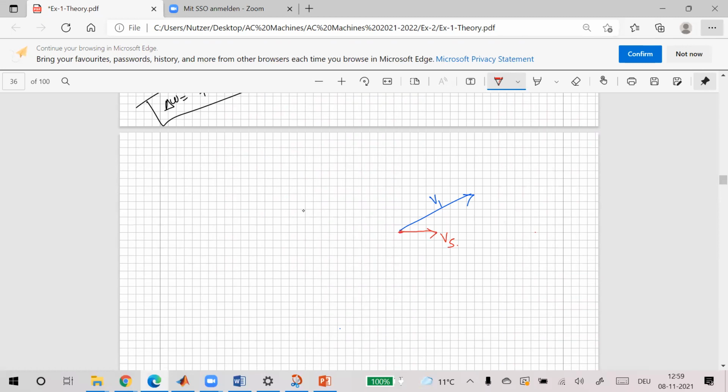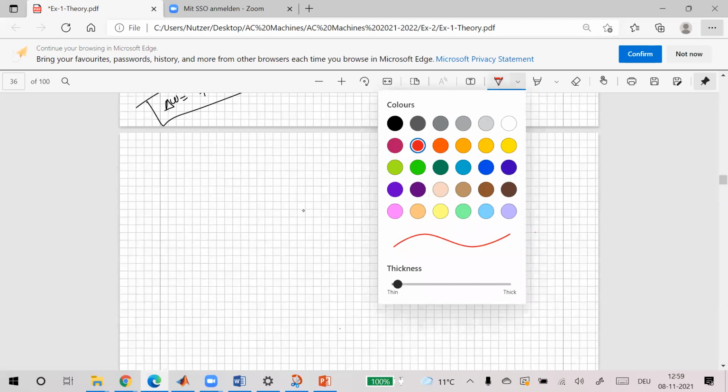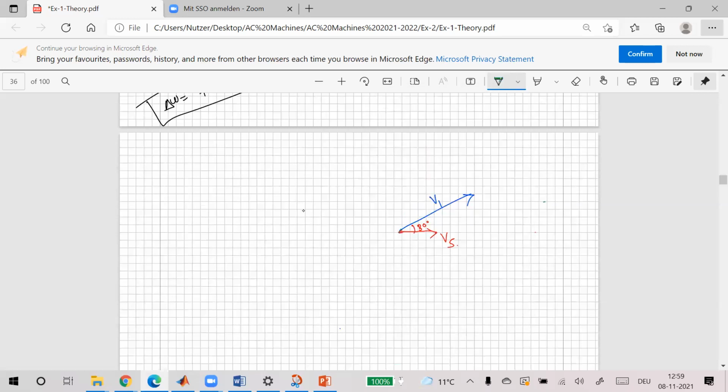Again, if the magnitude is the same, let's say this is your 30 degrees, then at some time your V7 will also have the same angle difference, right? If you see in the time domain, it will have again the same angle, because it's the angle difference equation for both. The magnitude is again the same, right?